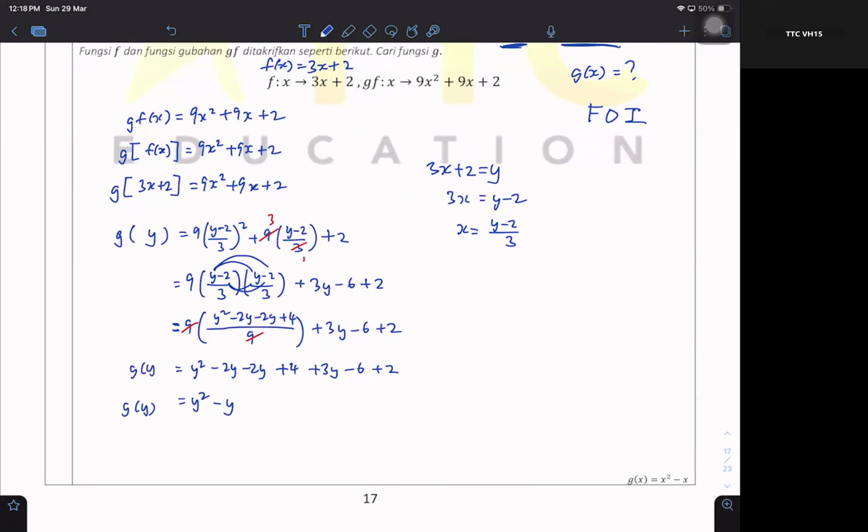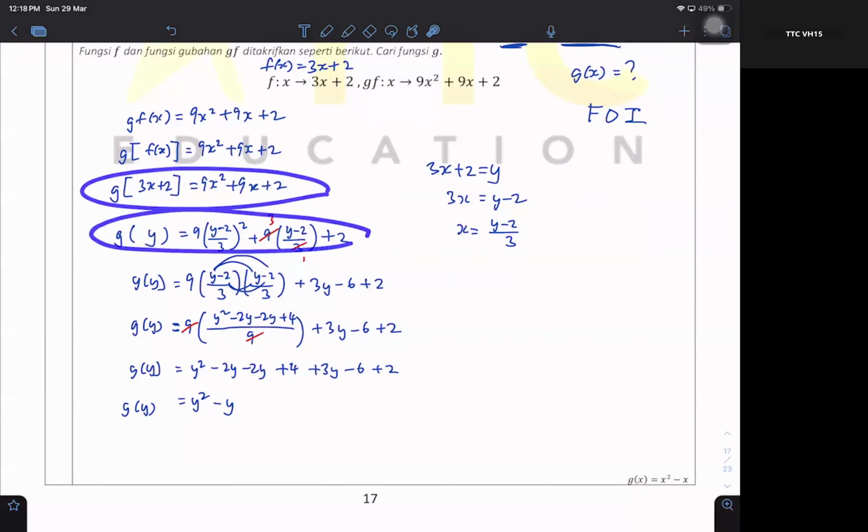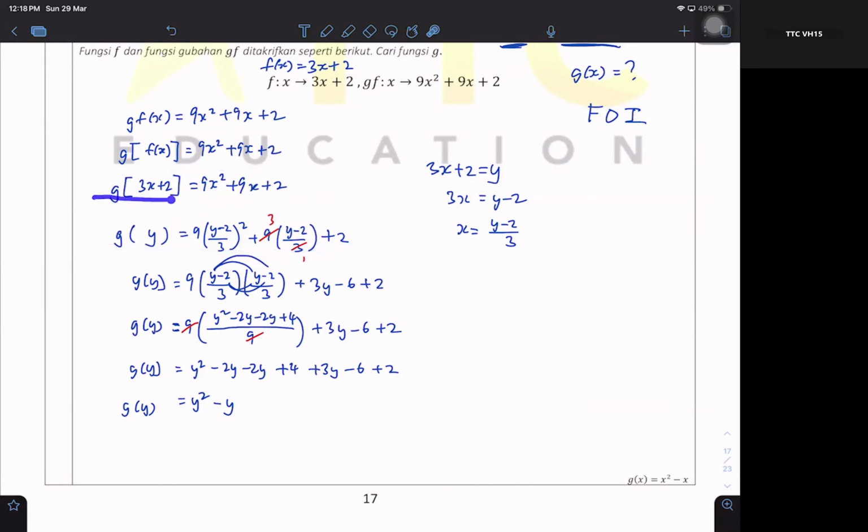The working is a bit longer, the calculation a bit longer, but you understand the idea, right? Actually, the most important part is this part.